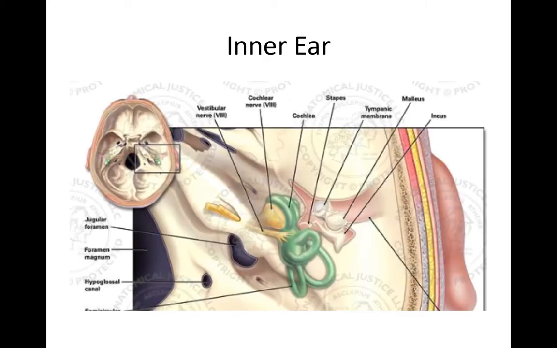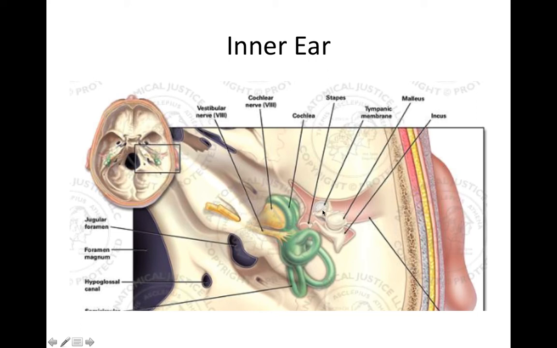So now we're going to fast forward to the inner ear. And the inner ear has the cochlea and the semicircular canals, and these of course are within the temporal bone. So if you imagine the skull, here's the temporal bone. If we zoom in, you can see your cochlea here and the semicircular canals.